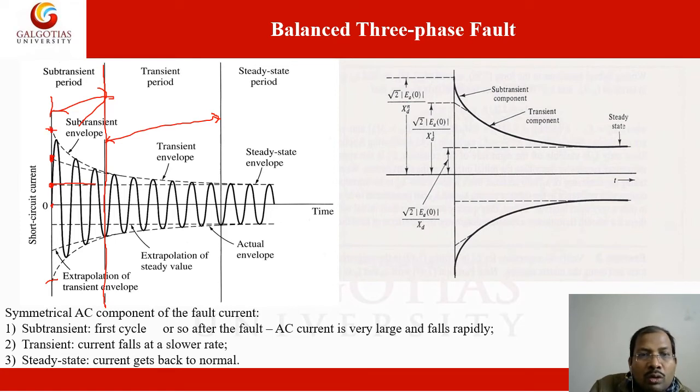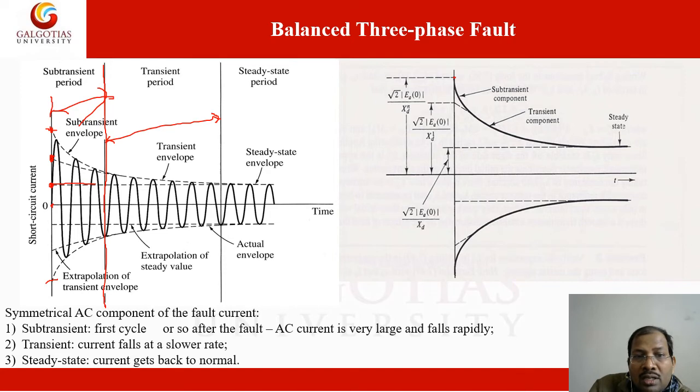So how can we calculate these values? This value is root 2 times the magnitude of IA0 divided by XD double dash. This is called the subtransient current, maximum peak value. Here we consider the same voltage, only the reactance we consider is the transient reactance. And this is the asynchronous, also called the DC offset, root 2 EA by XD.